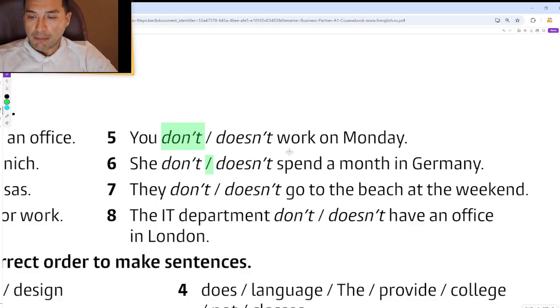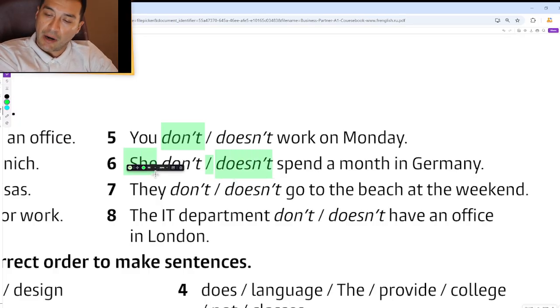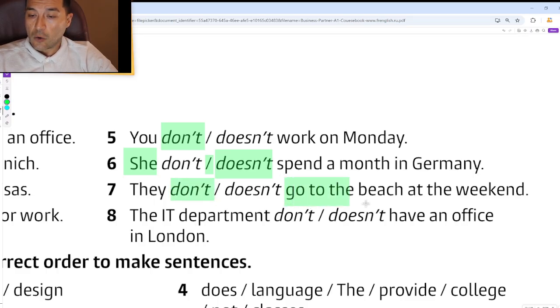She don't spend a month in Germany. She doesn't spend a month in Germany. Number 7. They don't or they doesn't. They don't go to the beach at the weekend.